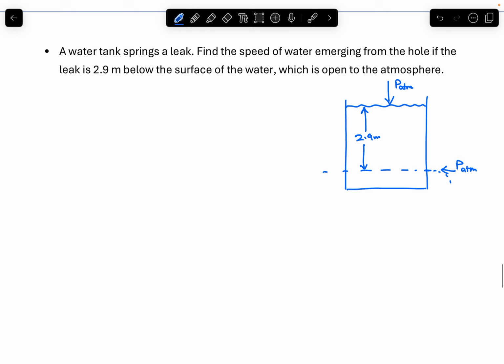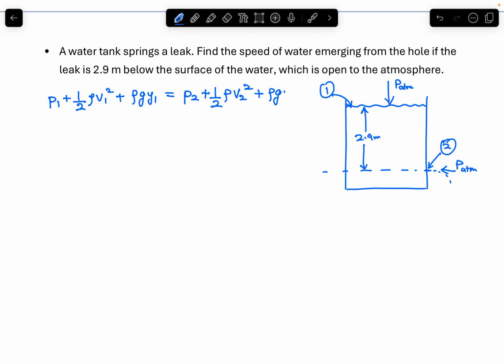So looking at Bernoulli's principle, how about we set our point 1 on the surface of the water and the point 2 right as the water is coming out of the leak. So P1 plus half rho V1 squared plus rho g y1 is equal to P2 plus half rho V2 squared plus rho g y2.